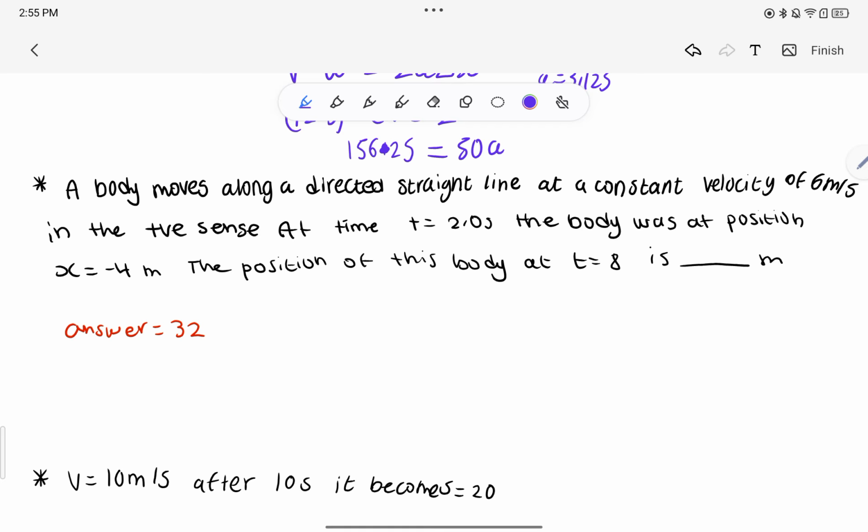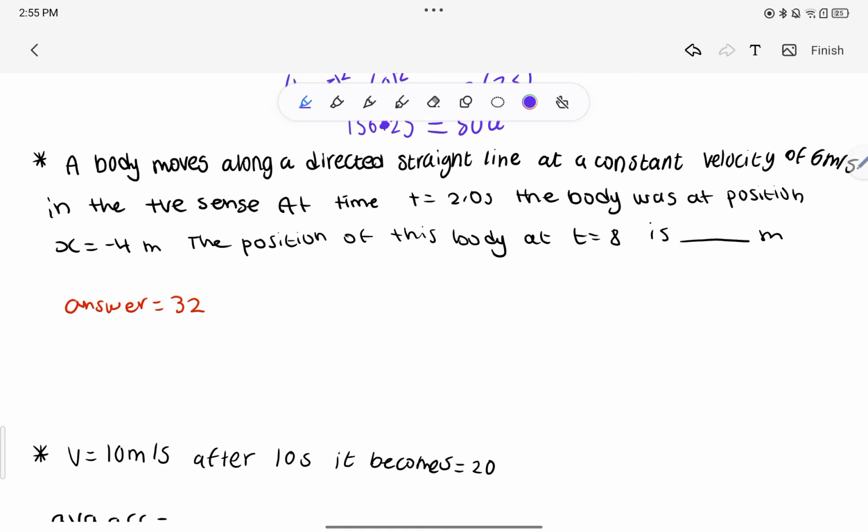We know that velocity is equal to x2 minus x1 over t2 minus t1. So let's do this: this is t1, this is x1, this is t2, and this is the velocity.